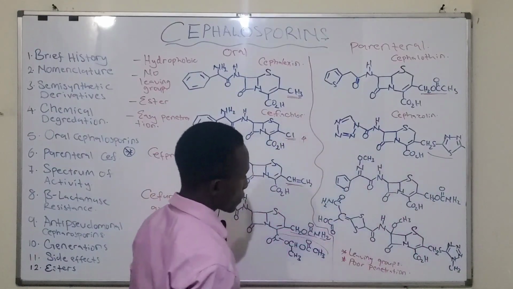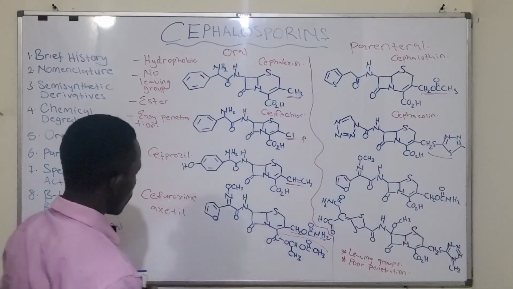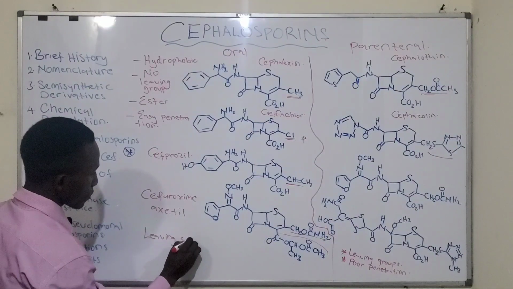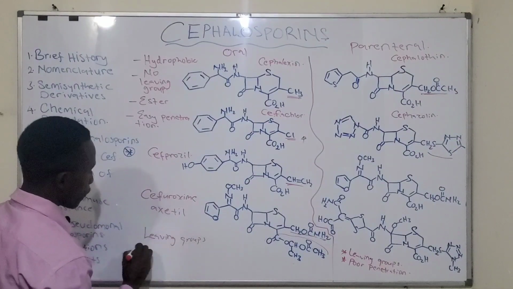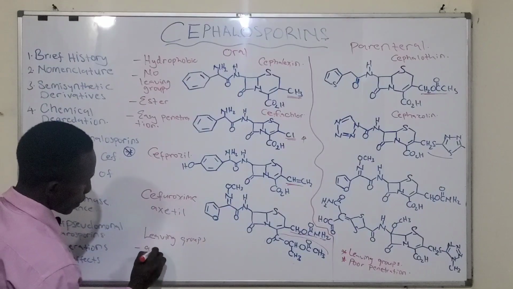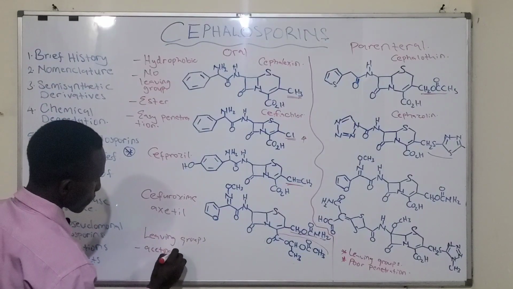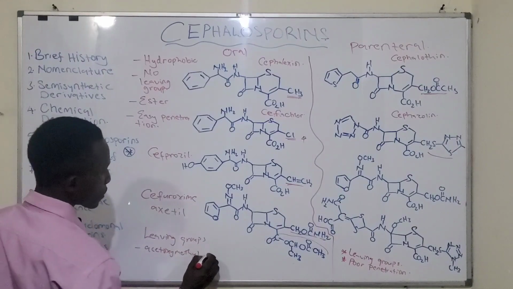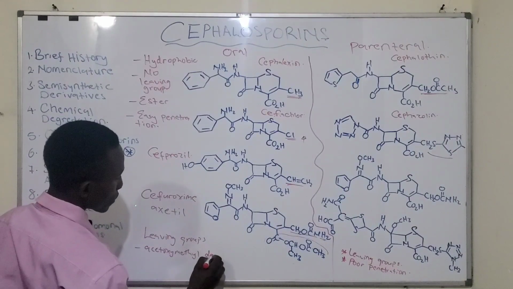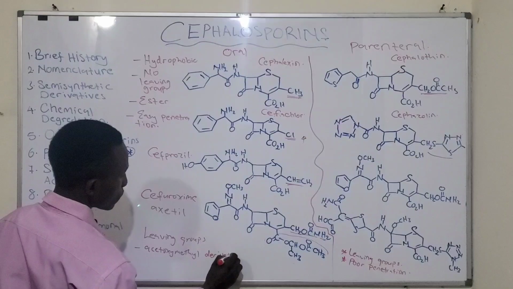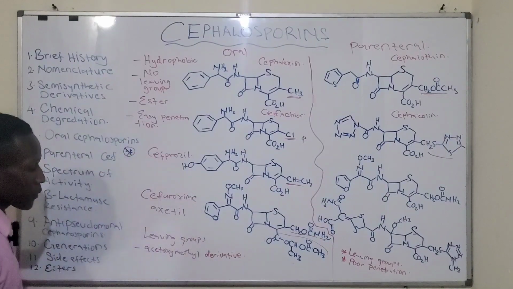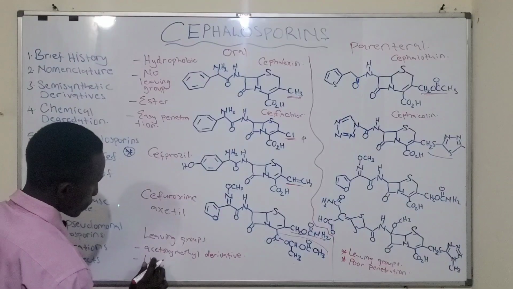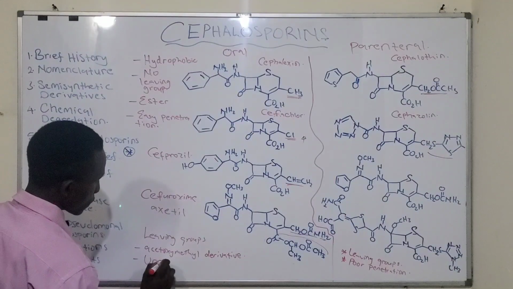So leaving groups, one of the leaving groups we have is the acetoxymethyl derivatives. The acetoxymethyl derivatives are leaving groups. Another one is urethane.